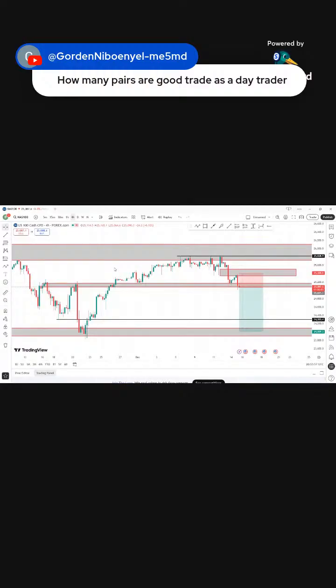Then after I grew that account to like 50-something dollars, I used it to buy a 10K prop account. That 10K prop account, I think I'll take it to maybe 100K funded this year.